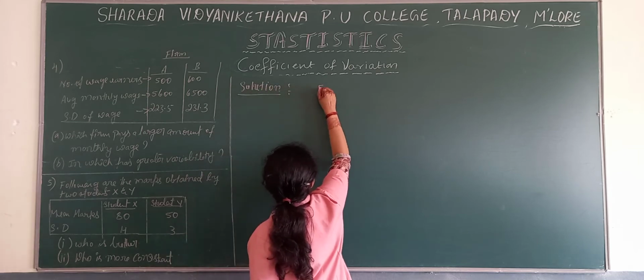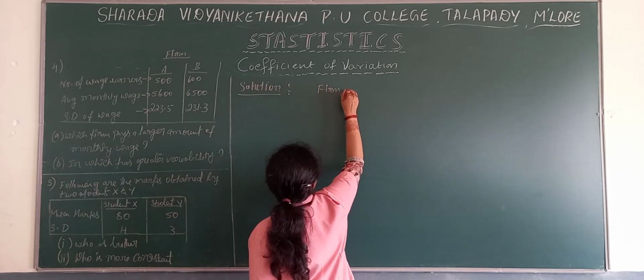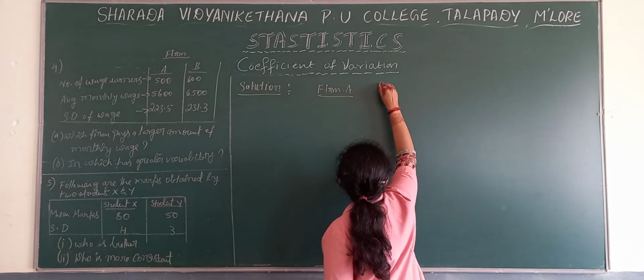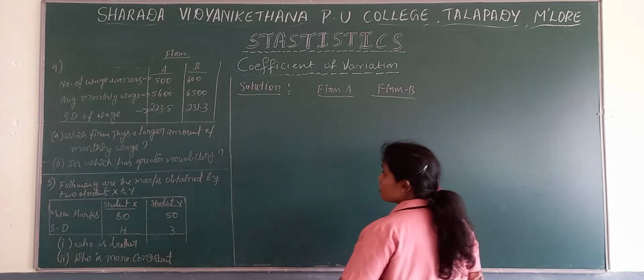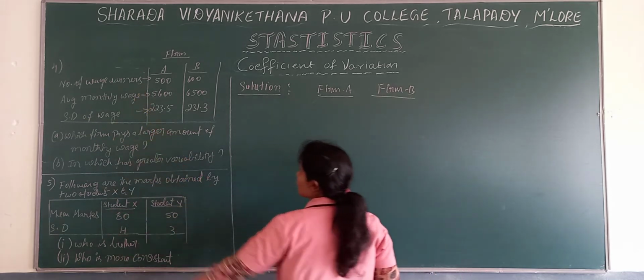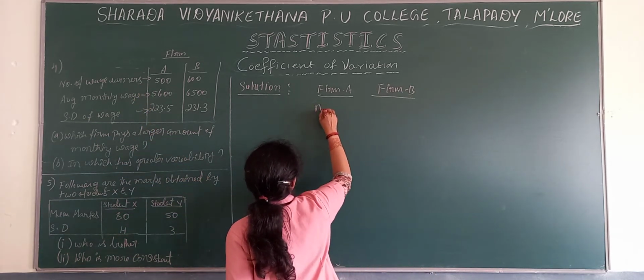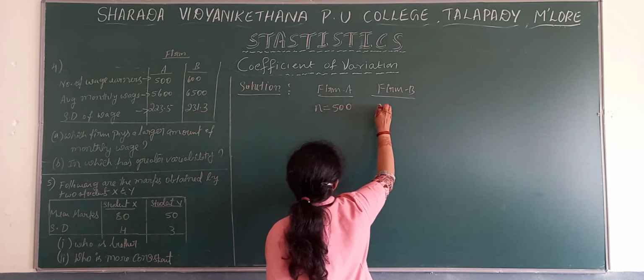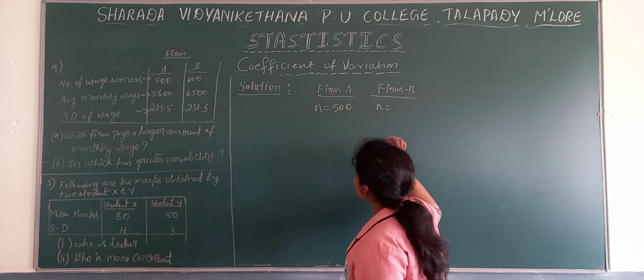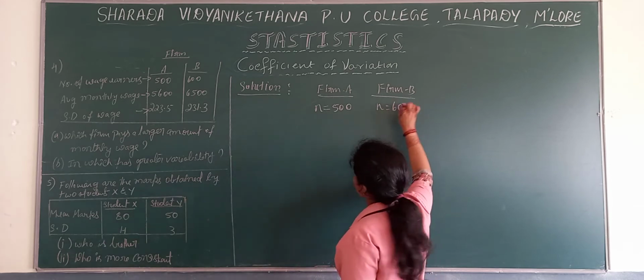So here firm A and firm B. The given values are, firstly, the number of wage earners, that is N, given as 500 for firm A, and in case of firm B their N is 600.